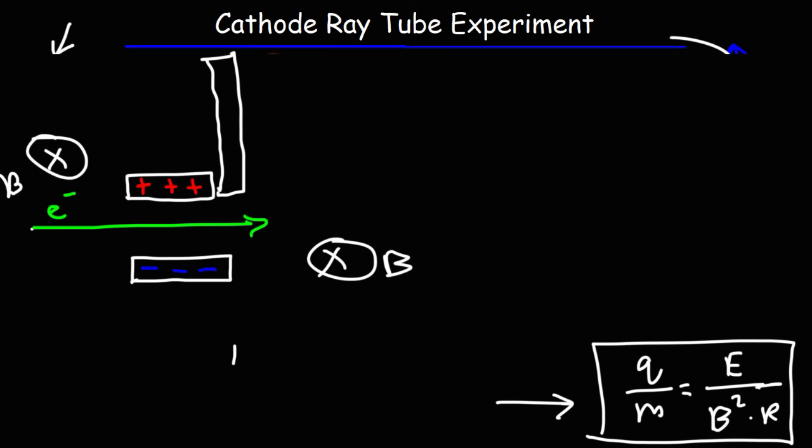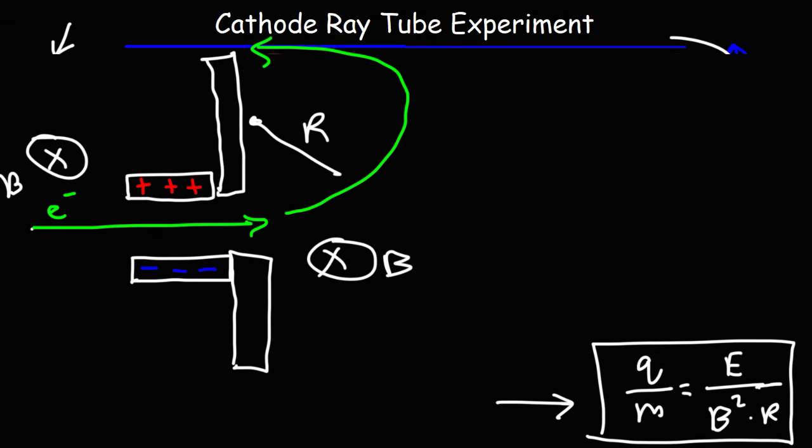Once it escapes from the electric field and the magnetic field is the only force acting on it, it's going to turn and hit somewhere along this spot. And then we can calculate the radius of curvature. So now we know the strength of the electric field that we're applying, the strength of the magnetic field, and the radius of curvature. We can now calculate the charge to mass ratio.